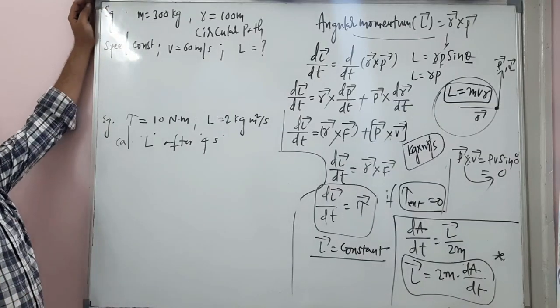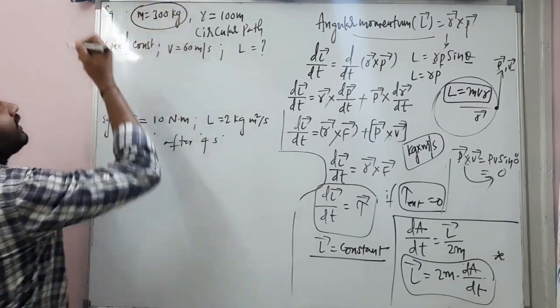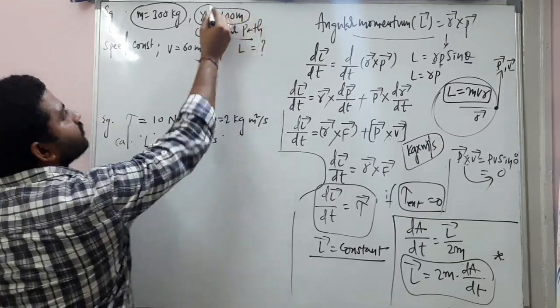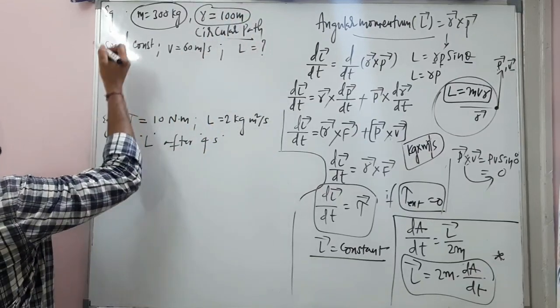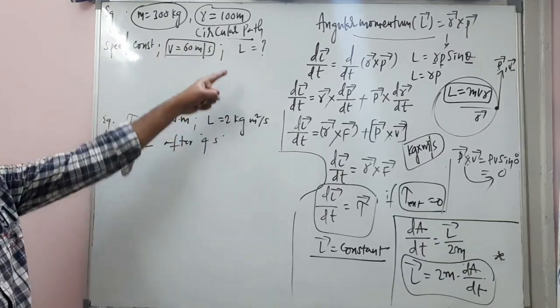Look at the basic numerical related to angular momentum. A mass of 300 kg is given. A circular path of radius small r is given, and the particle is moving with a constant speed of 60 meter per second. Find the angular momentum.